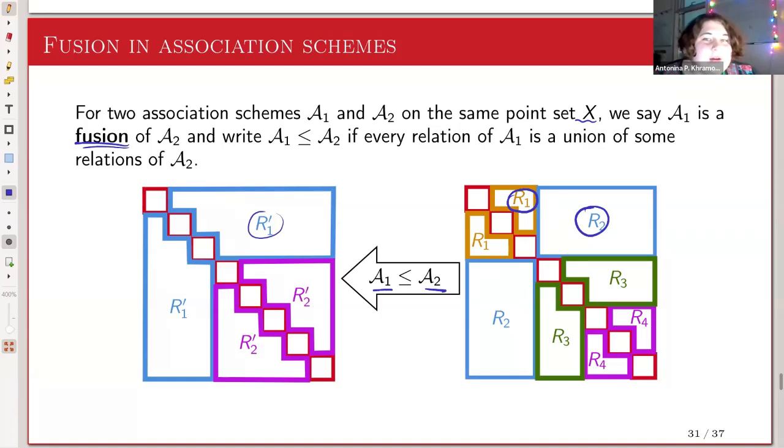When we are talking about the off-diagonal ones, the diagonal one has to stay the same, of course, for it to be a scheme. So here R1 prime is the union of these two, and this one is the union of these two relations. So A1 is a fusion of A2.